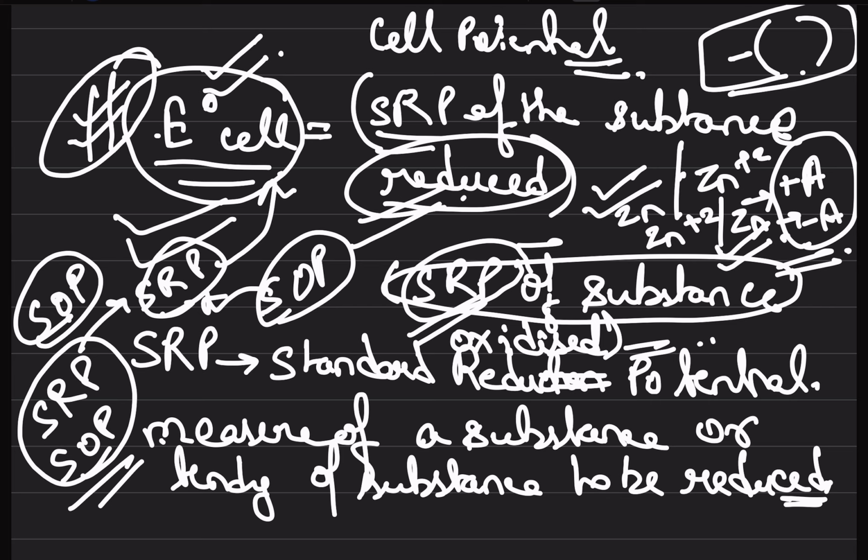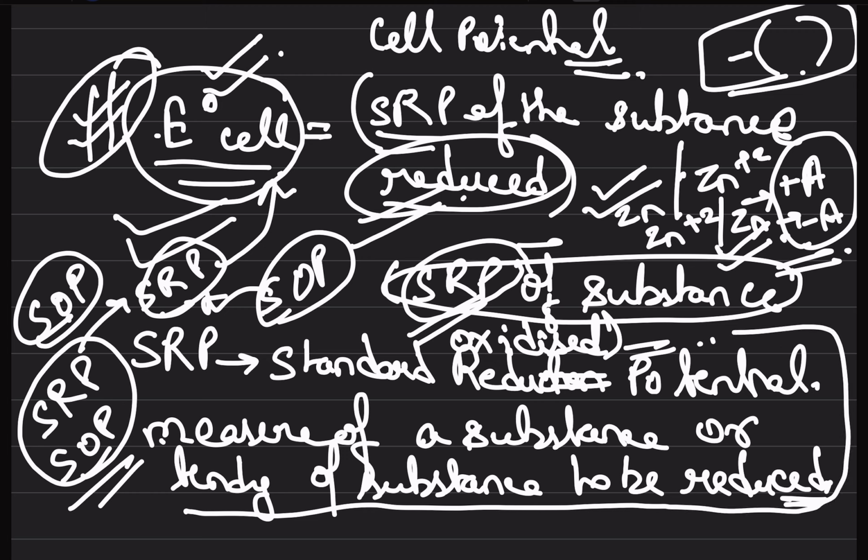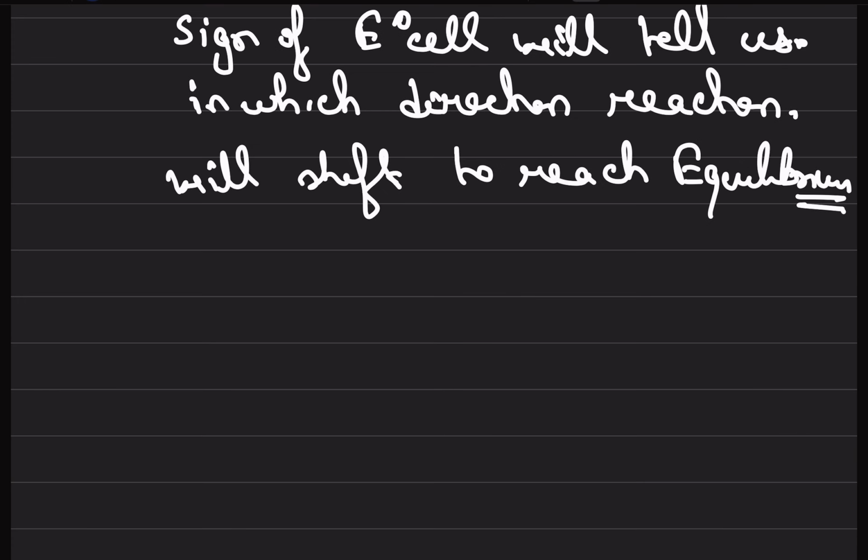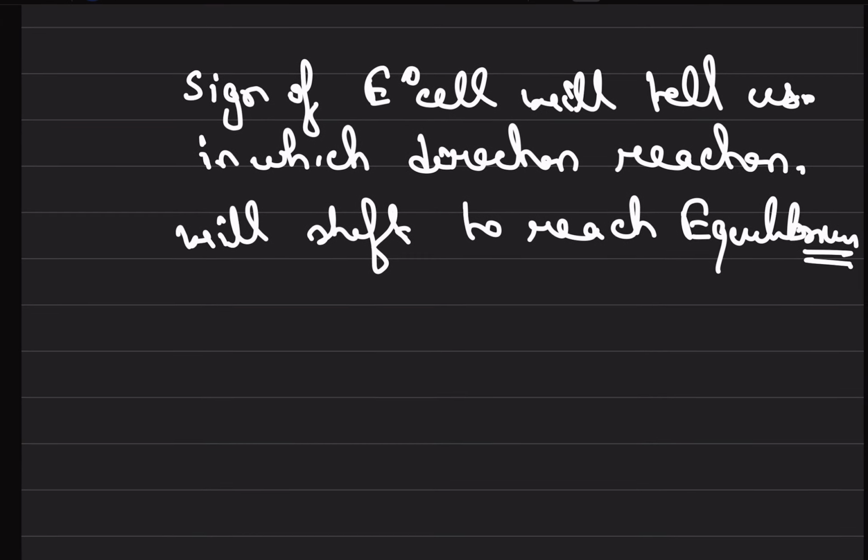The standard reduction potential is the measure of the tendency of a substance to be reduced. We have seen this previously: this is the definition of the standard reduction potential. And what is the definition of the standard oxidation potential?